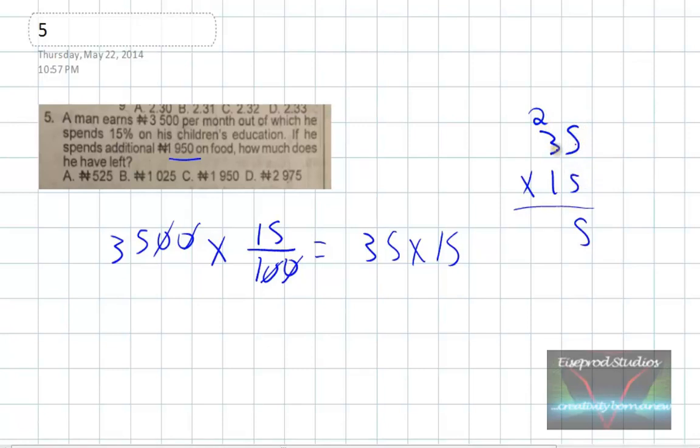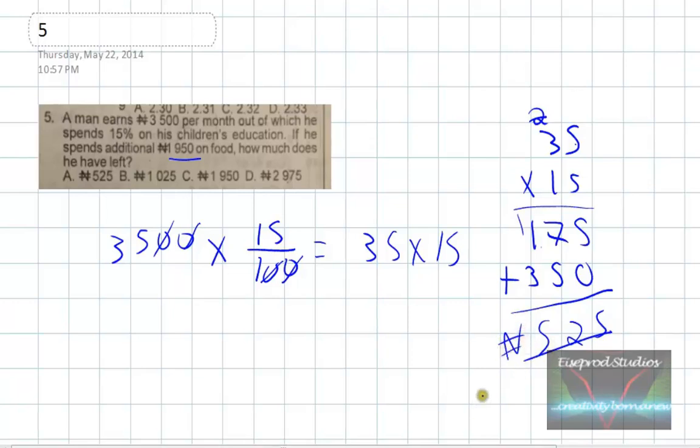So then 5 times 3 is 15, plus 2 is 17. 1 times 5 is 5, 1 times 3 is 3. So we're going to add this up. We're going to get 525 is our answer for how much he spends on his children's education.